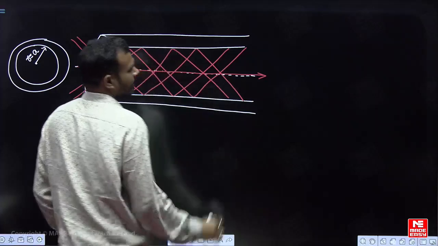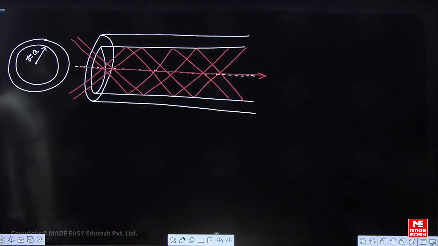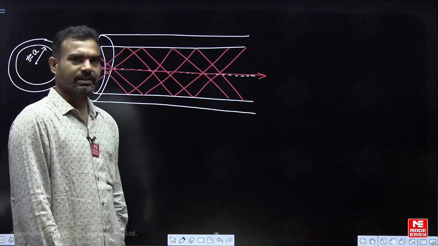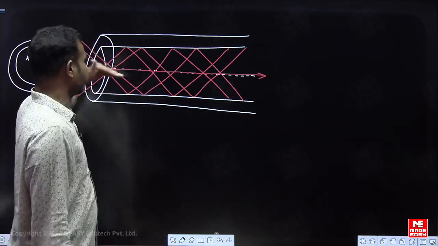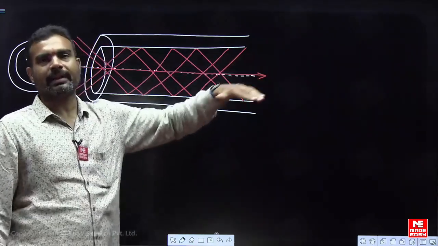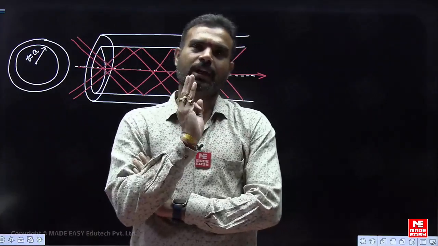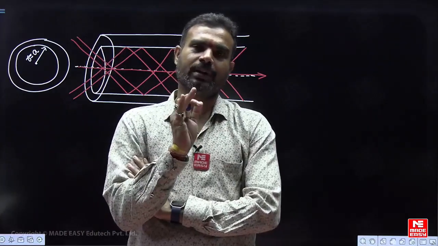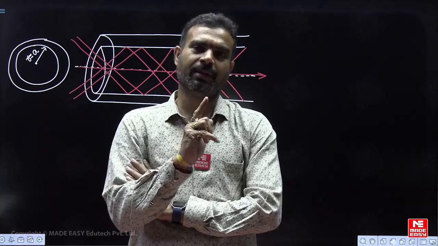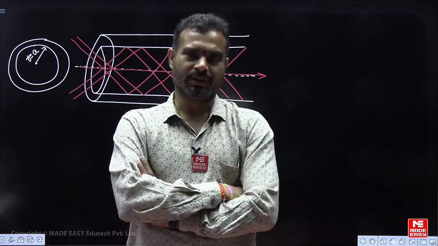We observed very clearly that there is a mode called a meridional ray passing. See, the rays are crossing the axis and the rays are passing along the axis also. We studied in yesterday's class about the three types of rays: one is meridional rays, another is axial rays, and the other is skew rays.